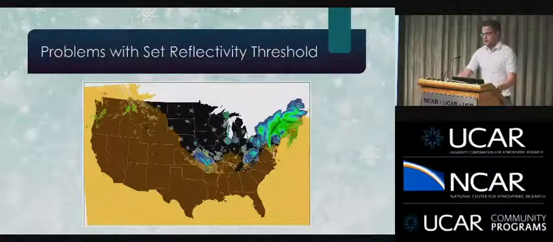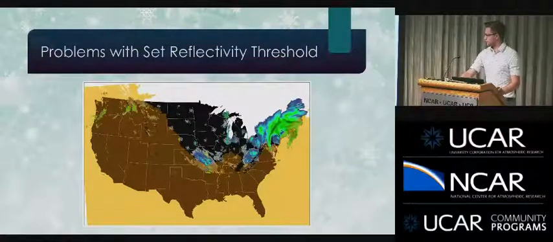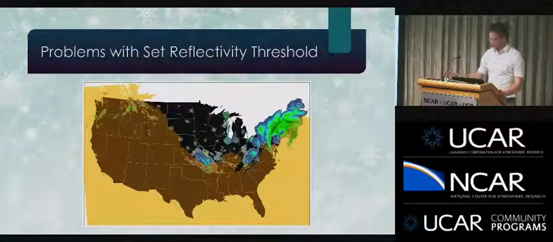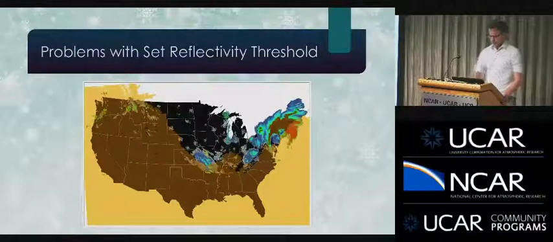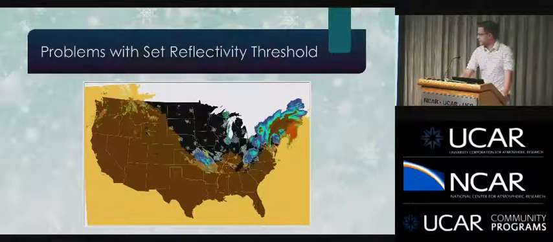I just mentioned the problems with using a 30 dBz threshold, but in general we probably shouldn't use a set reflectivity threshold like 20, 25, or 30 dBz. I have an example here. We have a band in this pretty intense precipitation region in the Northeast. If we choose a set reflectivity threshold that's too low, we essentially mask out the entire band.